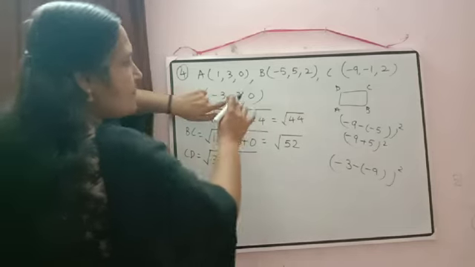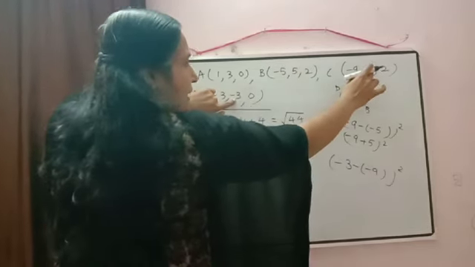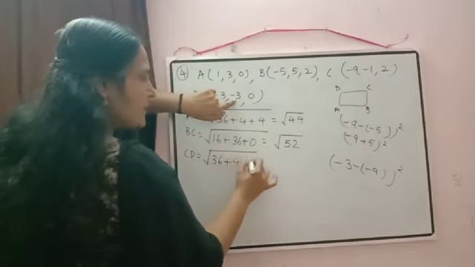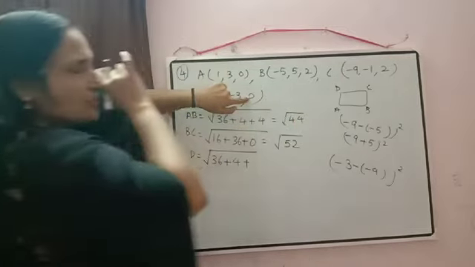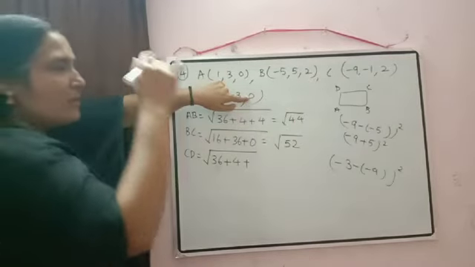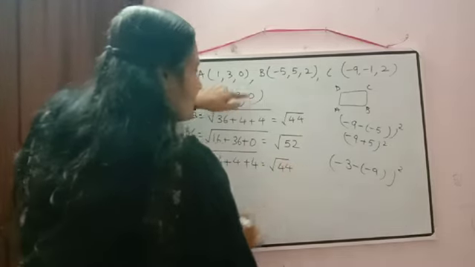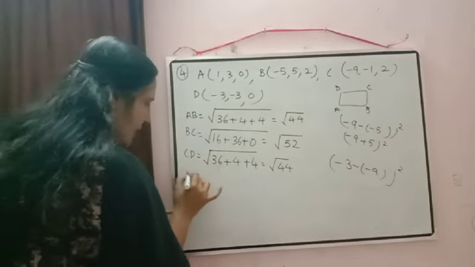Then plus minus 3 minus 1, so we will get minus 3 plus 1, minus 2, square is 4, plus 0 minus 2, minus 2 the whole square is 4. So again what are we getting here? Root 44.